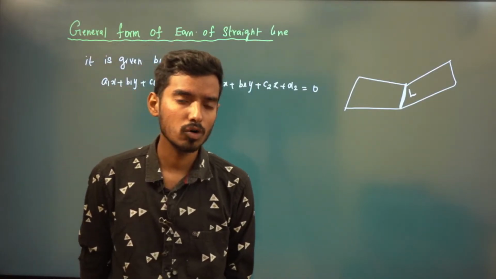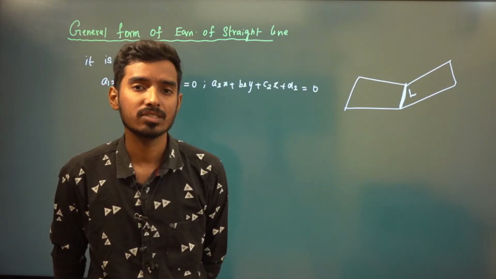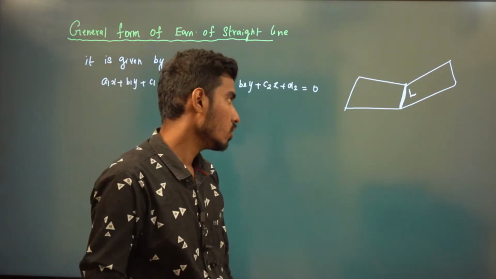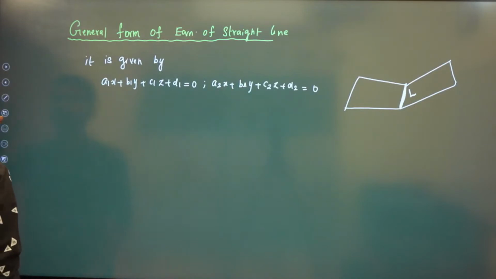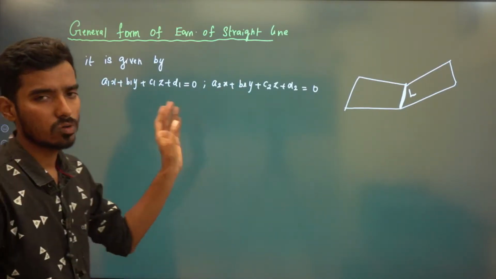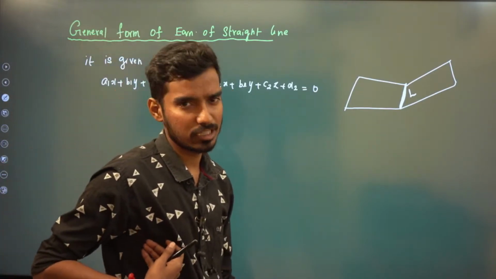If you know both, you can write the equation of the straight line: x minus alpha by a, y minus beta by b, z minus gamma by c. Right? Now I will directly do the problem. I'm not going to give you the procedure. I'll take a problem and then I'll explain, right?